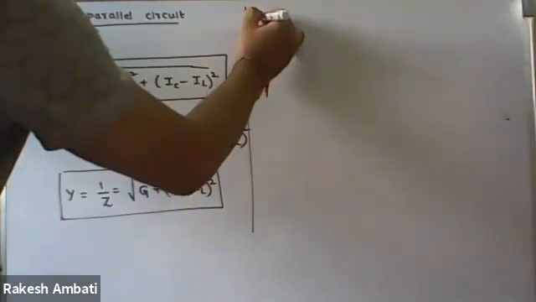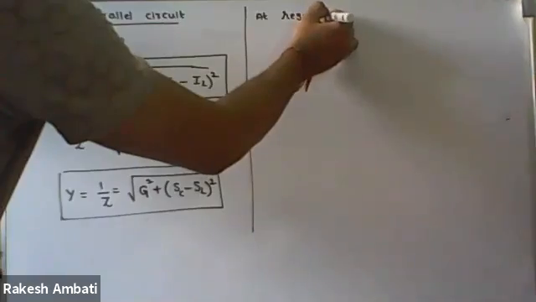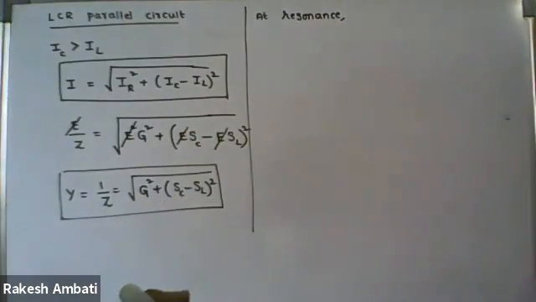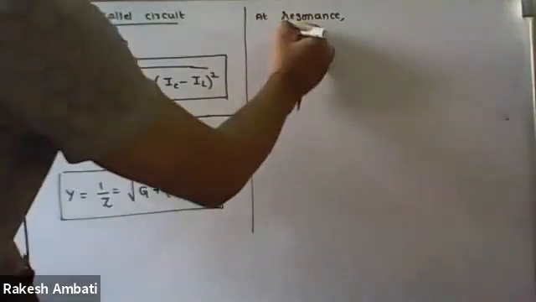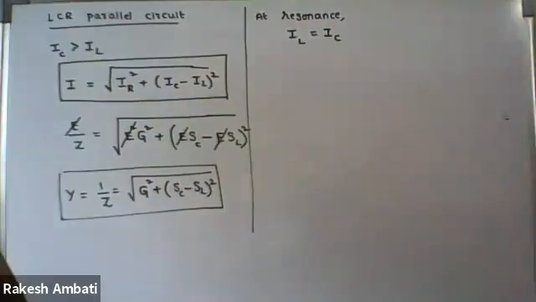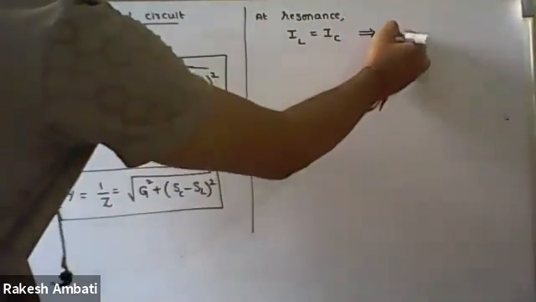At resonance, the two currents become equal: IL equals IC. If IL equals IC, what is the value of the resultant current?